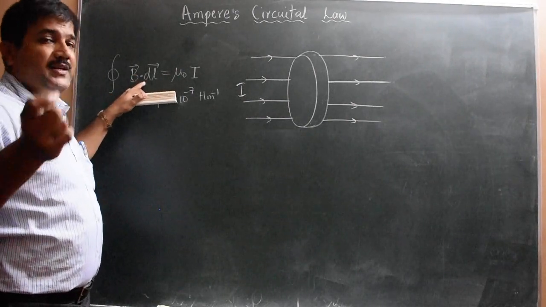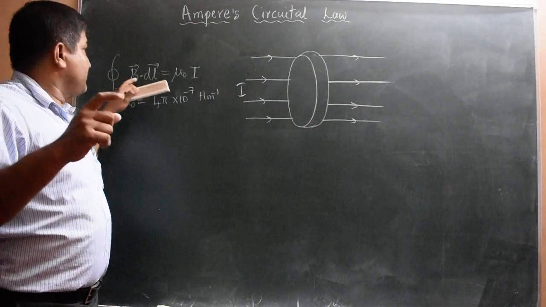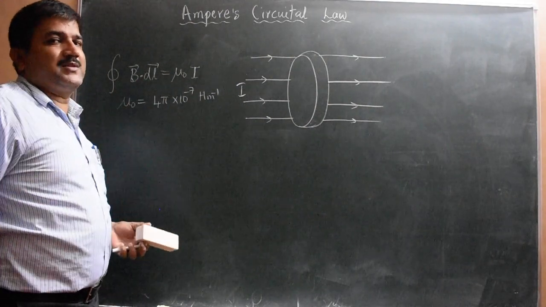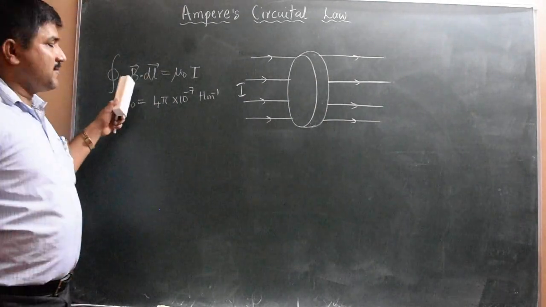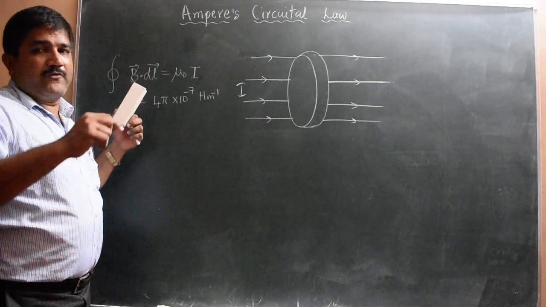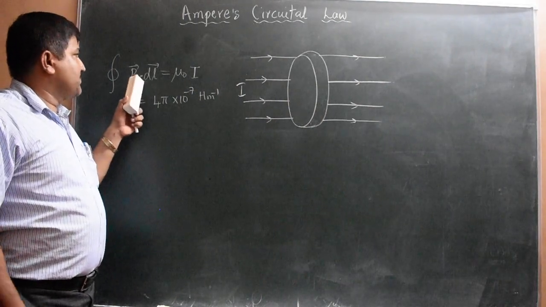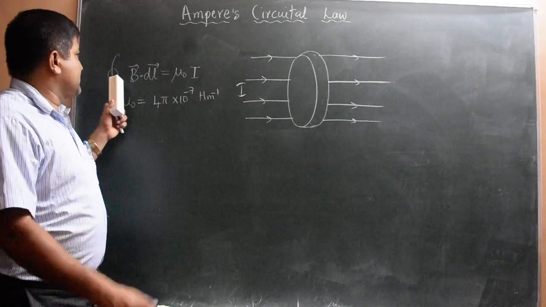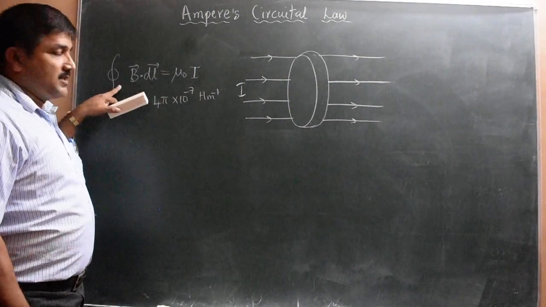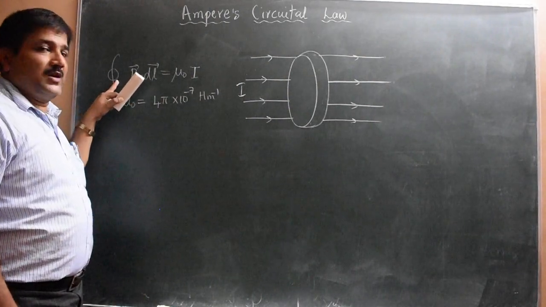So if B and dl are parallel, in the same direction, then cos theta is 1, so B dot dl becomes just B into dl. At every point we add the product B dl, and over the entire loop we do this process, and that is called the line integral.